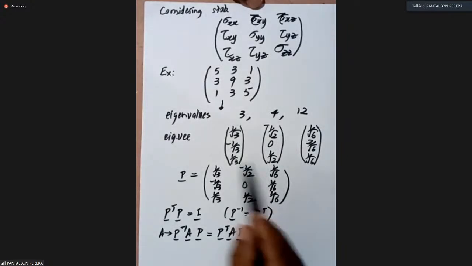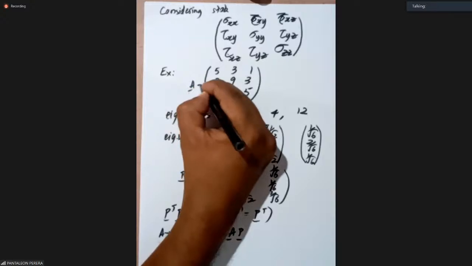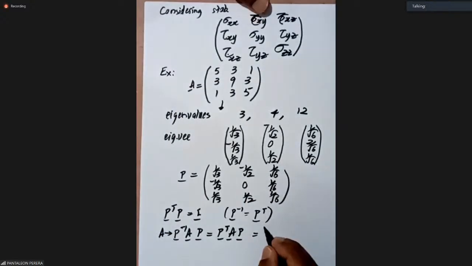When you take this as P and this as A, you don't have to do a calculation to write the diagonalized form. What are the diagonal values you get here, in the diagonal?